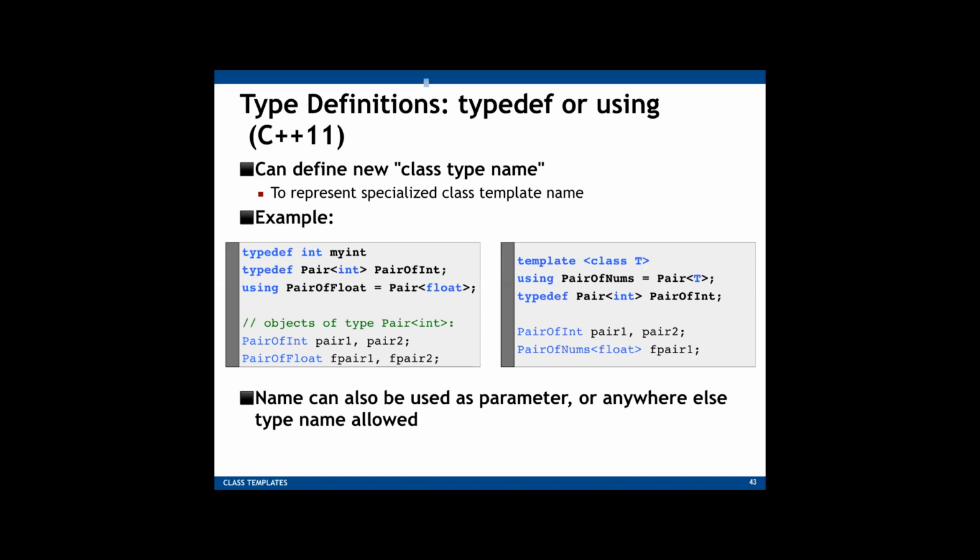a typedef keyword. So if you look at this example, with the using keyword, we can use a template here like this, and we can use a type parameter.